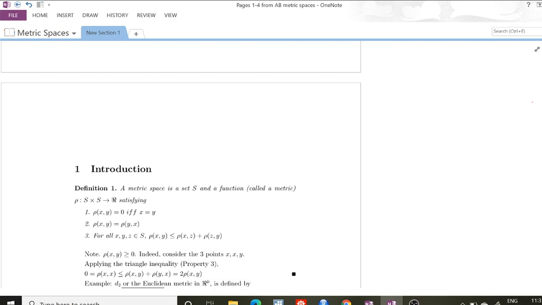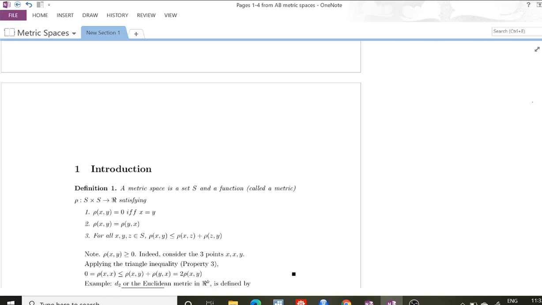So a metric space is any set S and a function which we call a metric, and that function is from the domain S cross S to the set of real numbers, such that this function satisfies the three properties below. The first is that if you take any two members X and Y of this set, then rho of X comma Y is always greater than or equal to 0, and it's equal to 0 if and only if X and Y are identical.